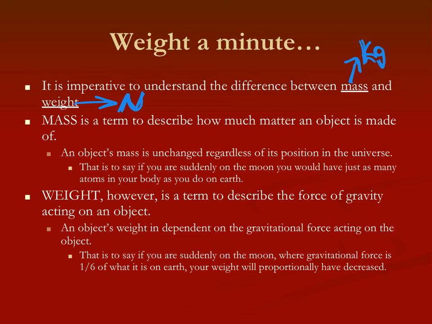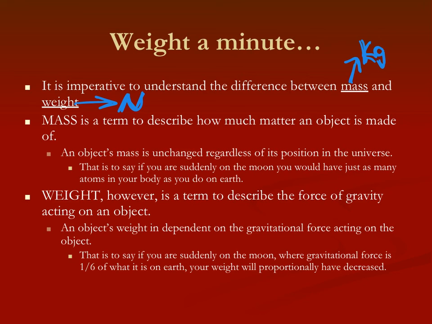But because gravity is a direct result of the mass of the 2 objects involved, the moon has significantly less mass than the Earth. Because it has significantly less mass, there's a much smaller force of gravity between you and the moon. And as a result of this, you feel lighter.